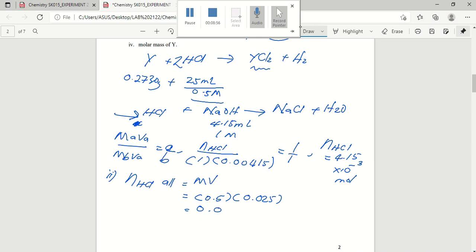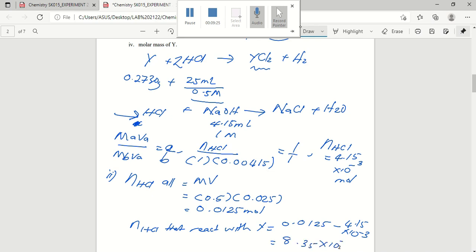That gives 0.0125 mole. So mole HCl that reacts with Y is 0.0125 minus 4.15 times 10 to the power of minus 3, which is 8.35 times 10 to the power of minus 3 mole.